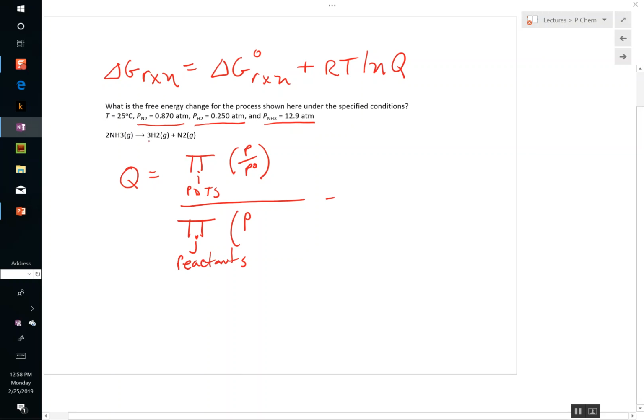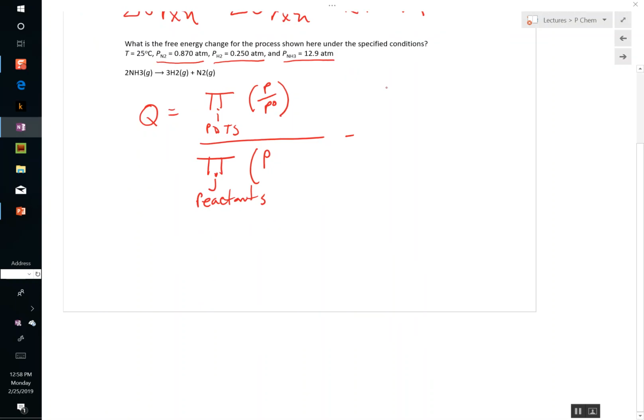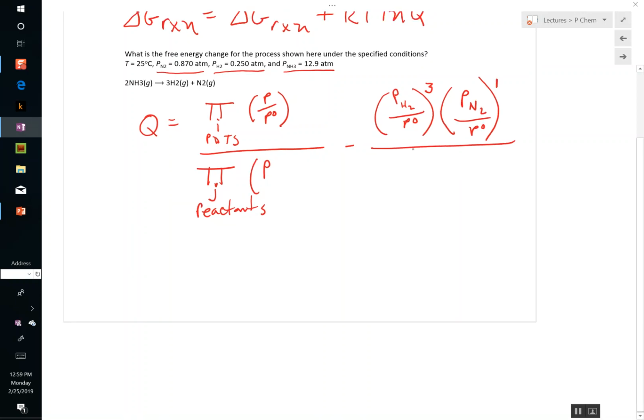If we have products, what we have is hydrogen, so it's going to be the partial pressure of hydrogen divided by 1, cubed, times the partial pressure of nitrogen over P naught, just to the power 1, divided by the partial pressure of ammonia.